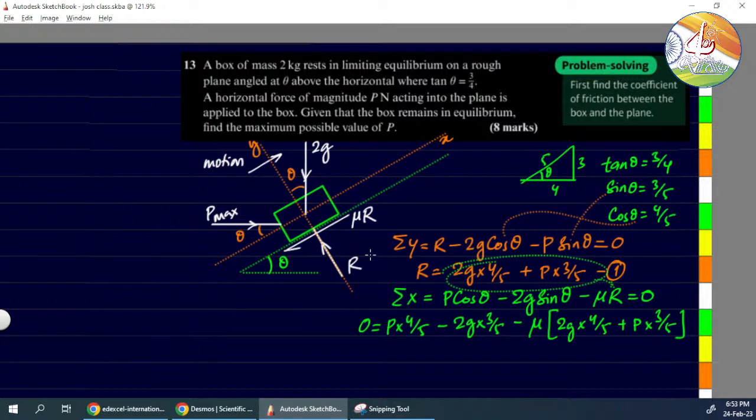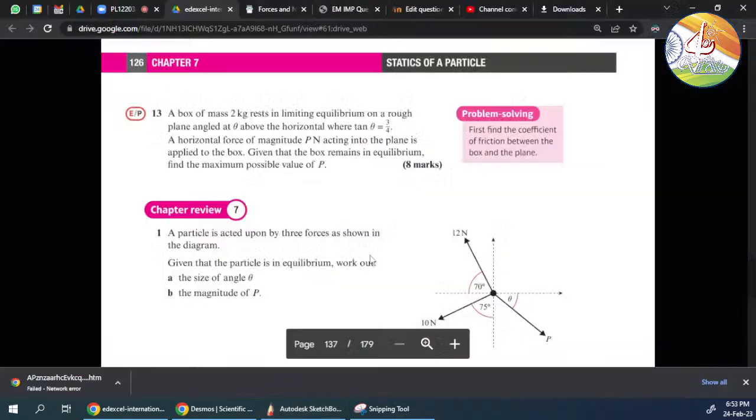Some more information needs to be given here. Without that information missing, I don't think we can find it.